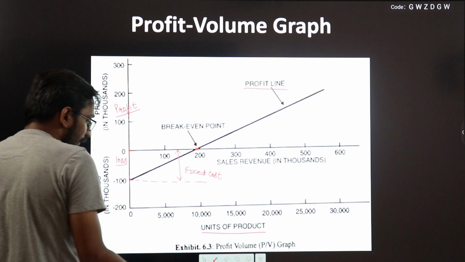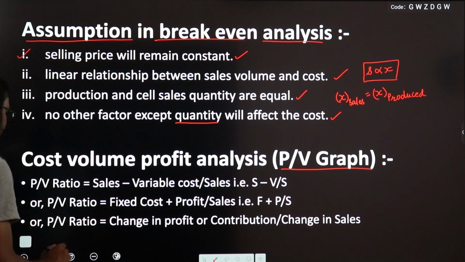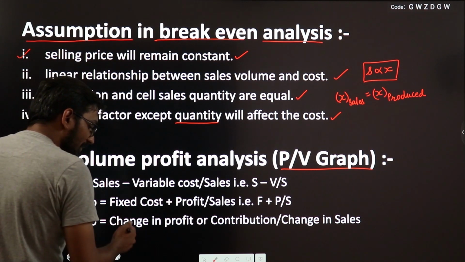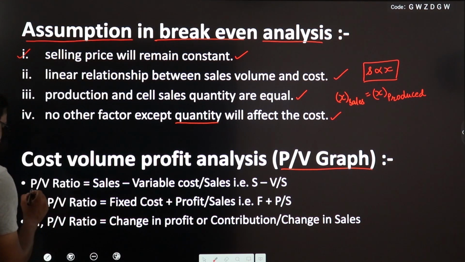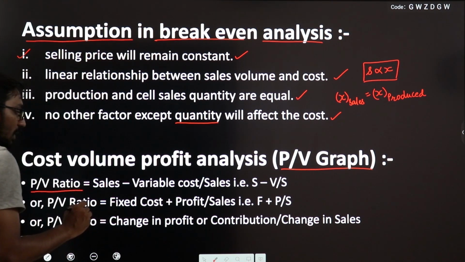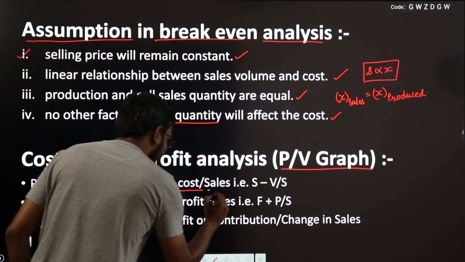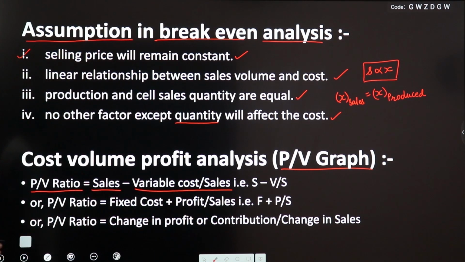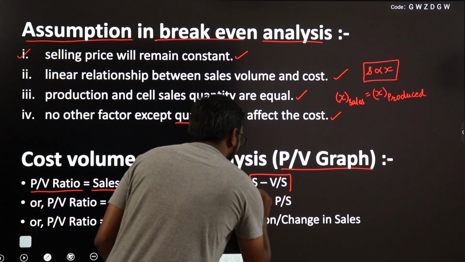Now, what do we mean by profit volume ratio? The profit volume ratio will be equal to sales minus variable cost per unit, that is small s minus small v, upon small s.